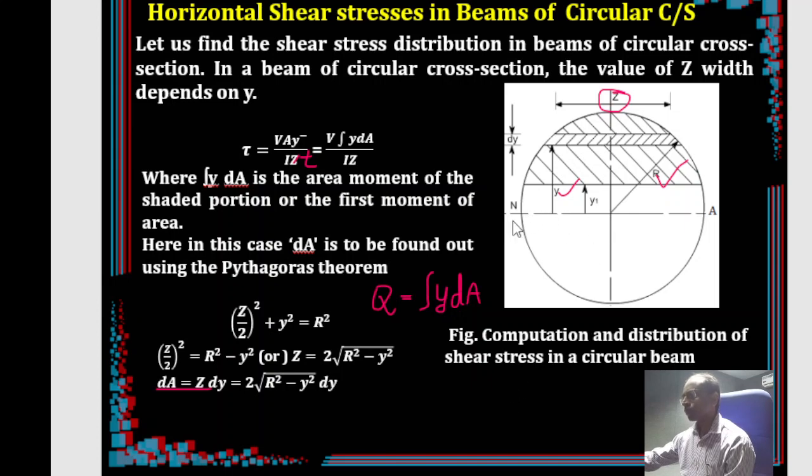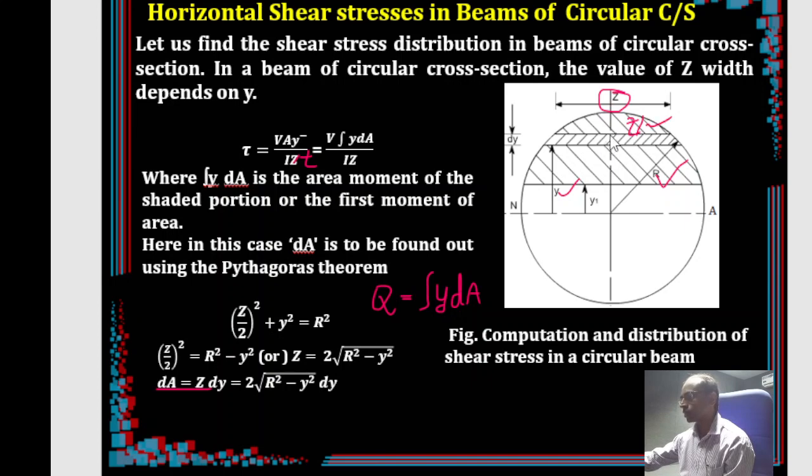Other terms, either z or any other term, should be transformed into terms of r and y. So I am trying to transfer this z in terms of r and y. I know from here to here it is y, from here to here it is r. This particular value becomes z by 2 in this triangle, right?